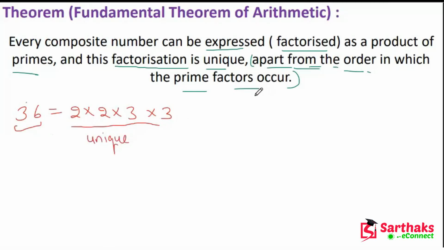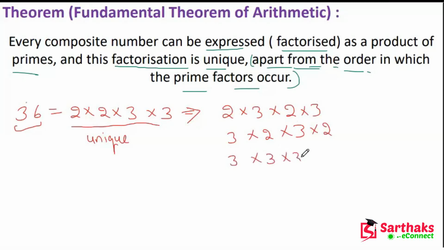Now, apart from the order in which the prime factors occur, what is it saying? We can write it as 2 into 3 into 2 into 3, or 3 into 2 into 3 into 2, or 3 into 3 into 2 into 2.